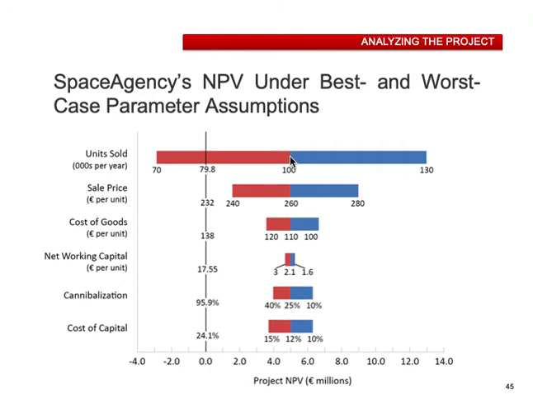Because this was the original NPV, and everything on the left-hand side gives you a lower NPV. Vice versa, if you improve your assumptions, you get a higher NPV. Okay? This is very nice because it shows you the impact of changes in your underlying assumptions on the NPV. And of course, at the end of the day, you need to decide what would be the most likely scenario before you invest money in the project.